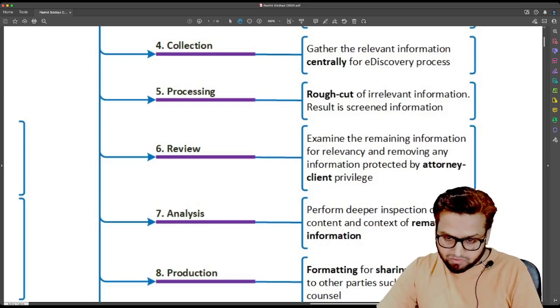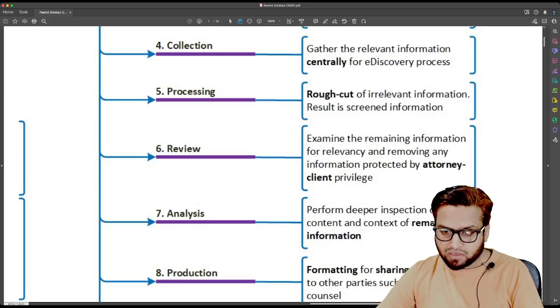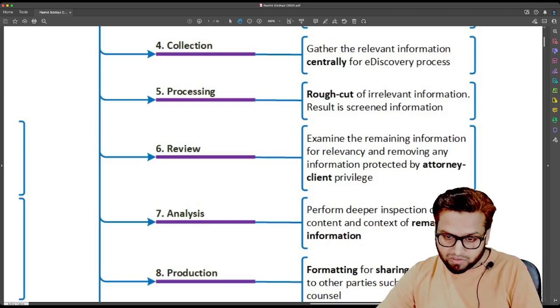Even though we have removed irrelevant information, even in the relevant information there may be some sensitive data or some information protected by some clause or understanding between the attorney and the client, or between the general public and the company. Those kinds of things can be reviewed and examined at this stage, right? So review means examining the remaining information for relevancy, whether it is relevant or not, and removing any information protected by attorney-client privilege.